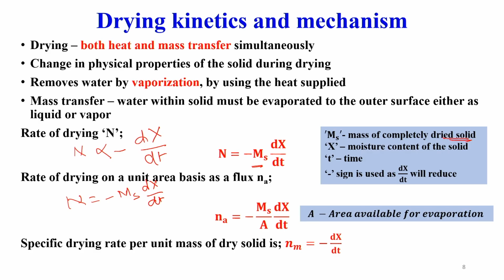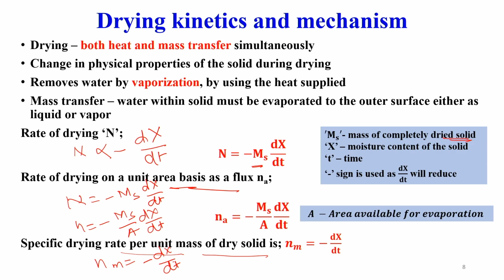Further, you can define this based on drying per unit area. In that case you can write a small n equal to Ms/A times dX/dt. And when you want to calculate the drying rate per unit mass of dry solid, Ms will not be there, so you can directly write Nm equals minus dX/dt.